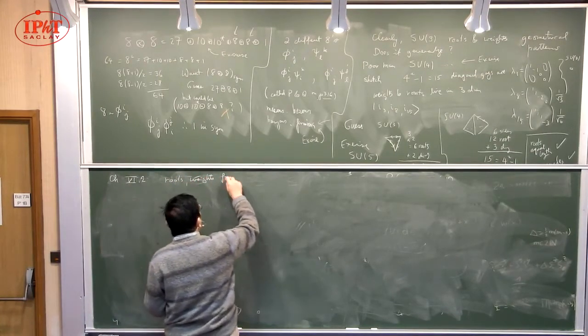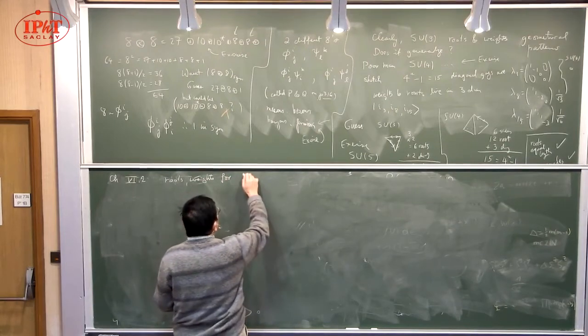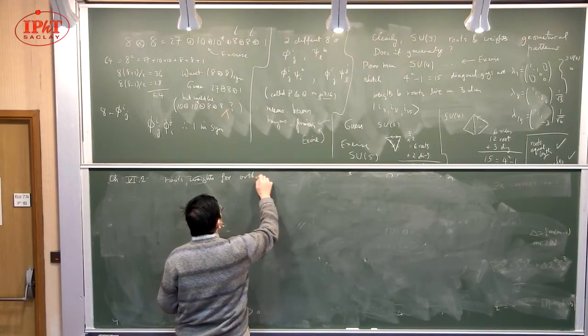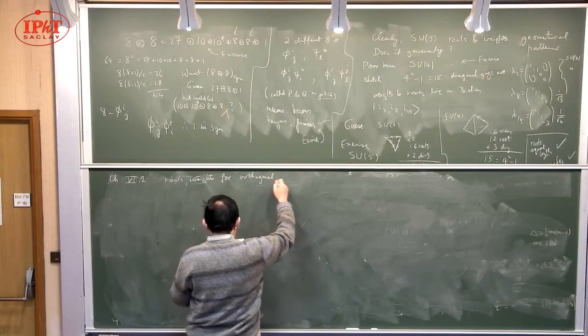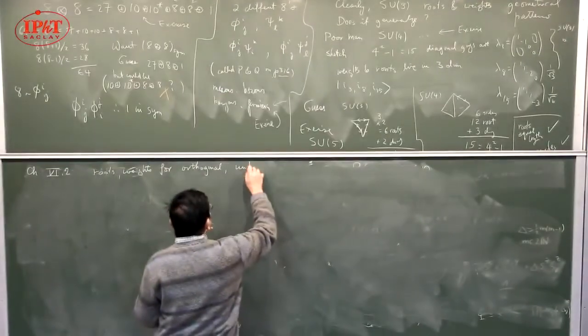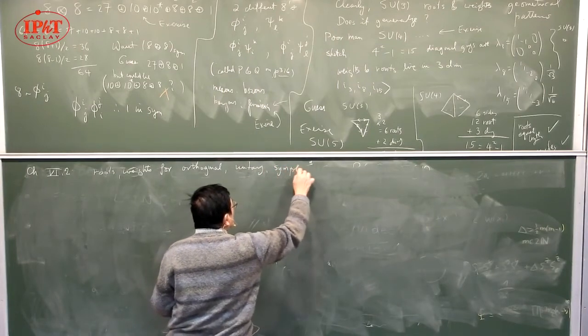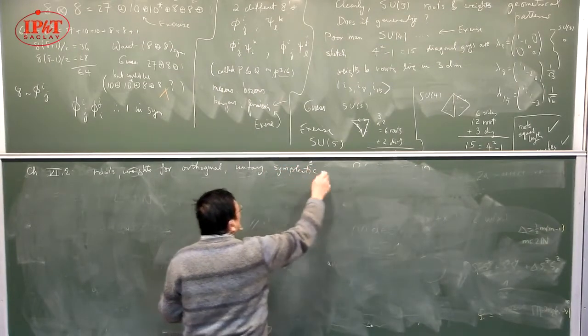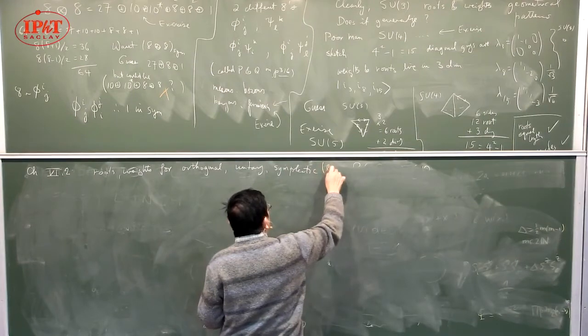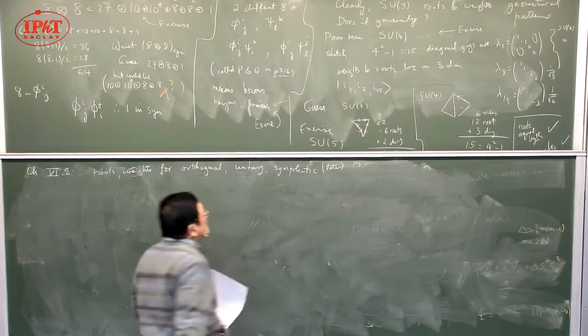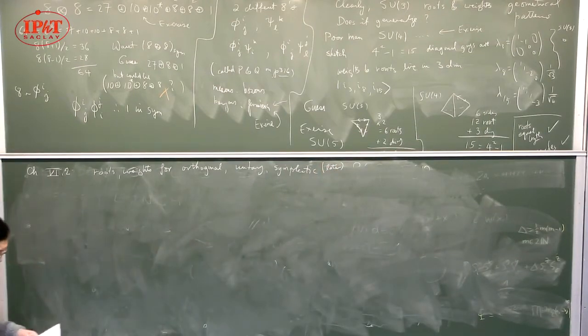For the algebras we know, which are orthogonal, and for the groups we know in physics, unitary and symplectic. The symplectic I will explain later. The orthogonal and unitary are known to everyone. Orthogonal is just rotation, and unitary is in quantum mechanics, SU2 and so on.